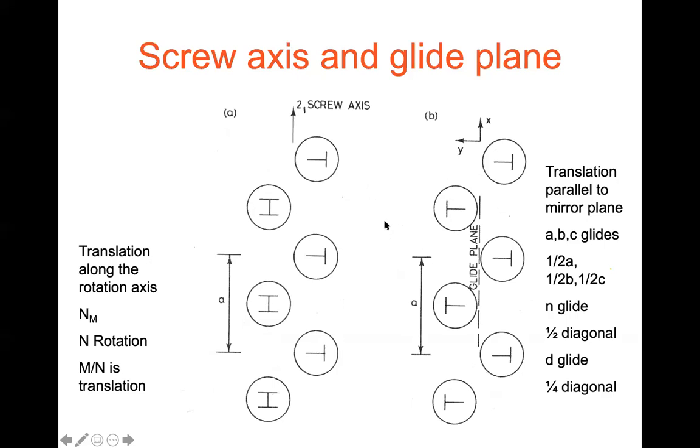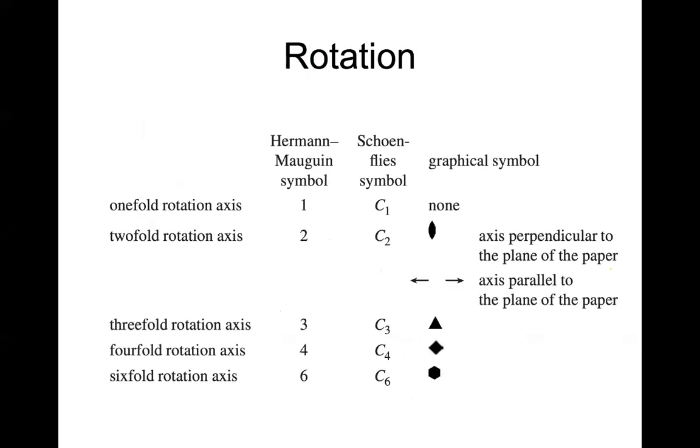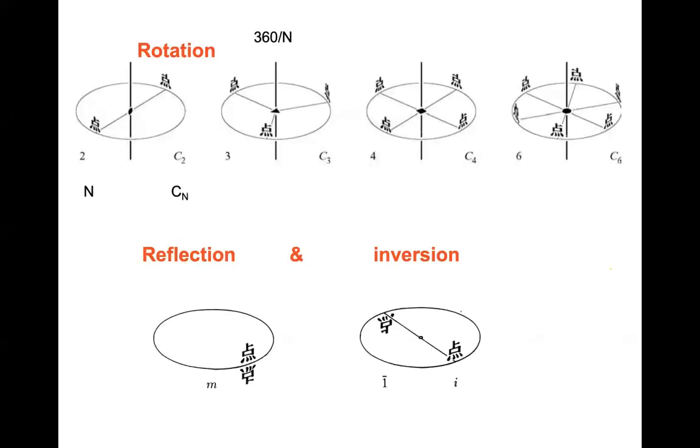It's possible in short range in quasi-crystals, but I'm not going to discuss that now. Whatever we discussed, rotation, inversion, mirror plane, these are all point groups. Why? Because all the operations are about a point.